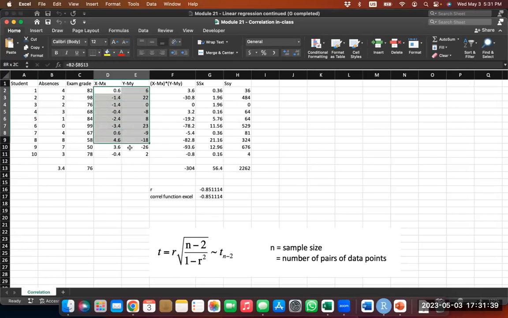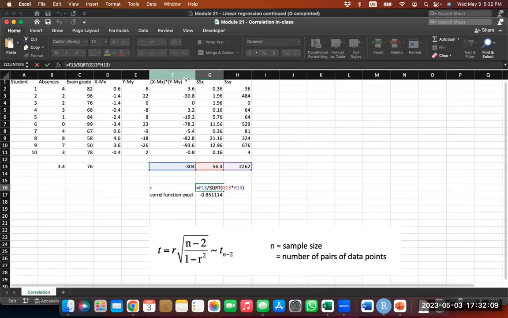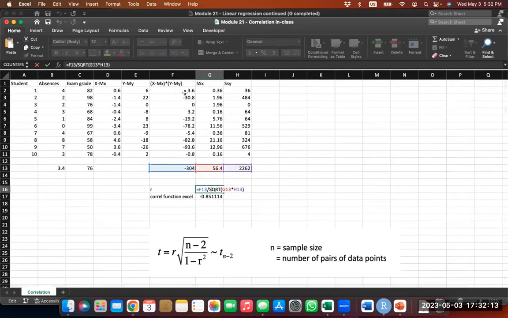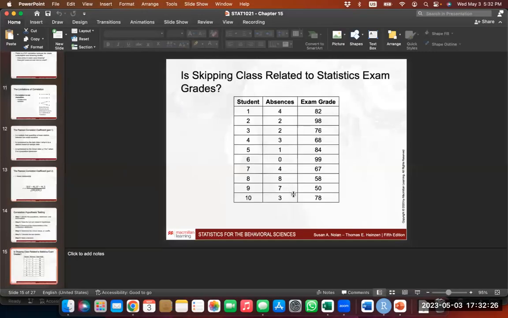We calculate the deviations, the product of these deviations, and then the sums of squares, which are the individual deviations squared and added up, giving the sum of squares of x and of y. Dividing the sum of the products by the square root of the product of the 2 sums of squares gives the correlation coefficient, which in the example of student absences and exam grade was an inverse relationship: a greater number of absences associates with a smaller exam grade.